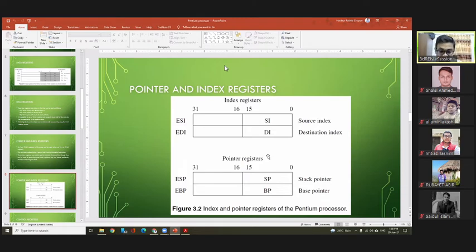Both of them are 32-bit long. Unlike the data register, we cannot use them as 8-bit, 8-bit. We can use either the first 16-bit, or the entire 32-bit. And we have only 2 index registers, 2 pointer registers.